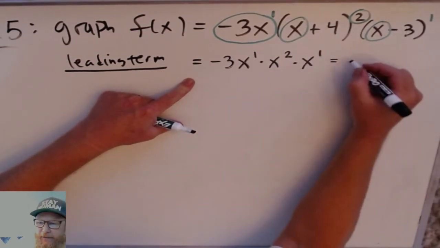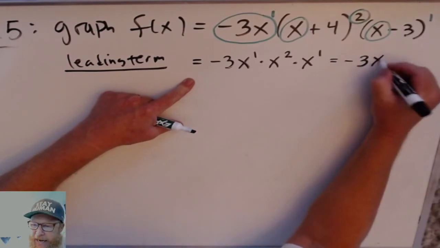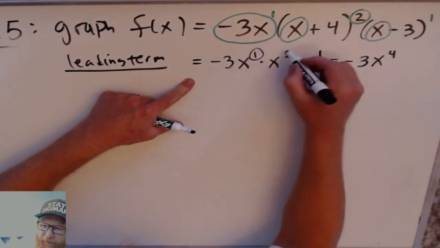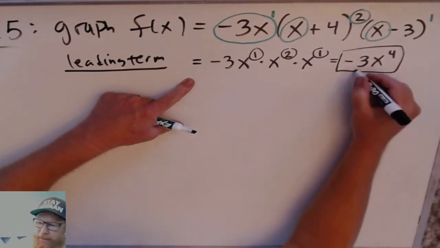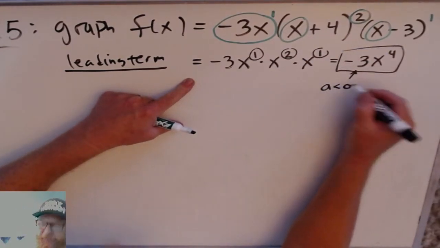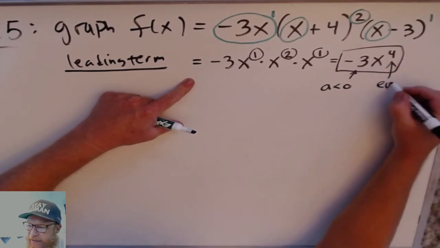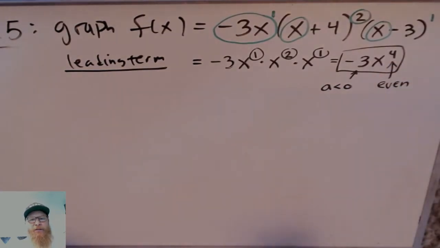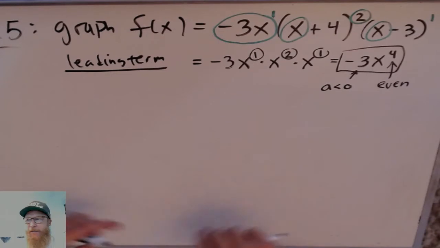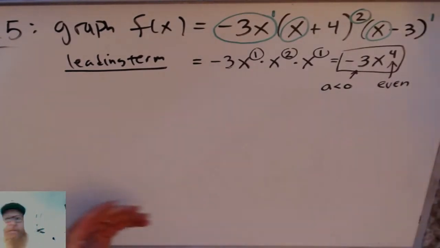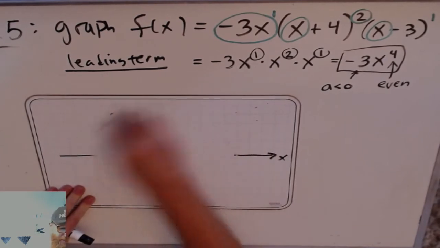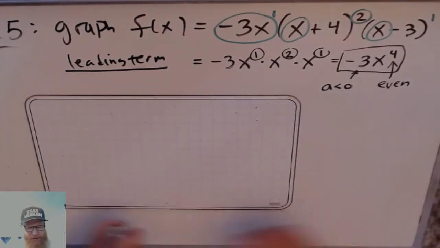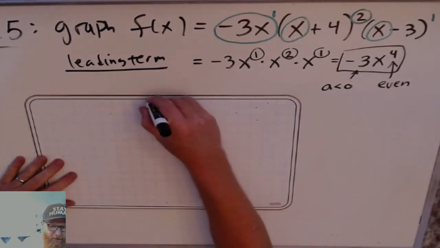So my leader is negative 3x to the 4th. Remember to add all the powers. So that's negative and even power. So that means both arrows are going to point down. So when I do my graph, the very first thing I should do is figure out which way the arrows point.